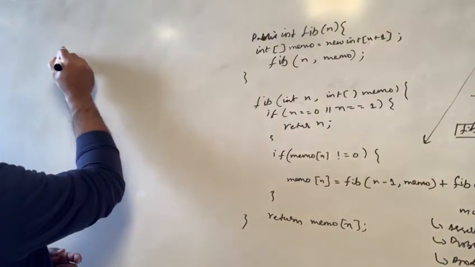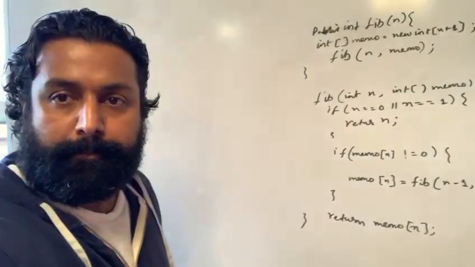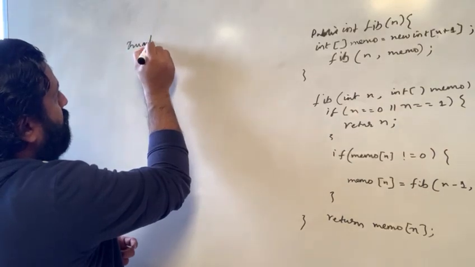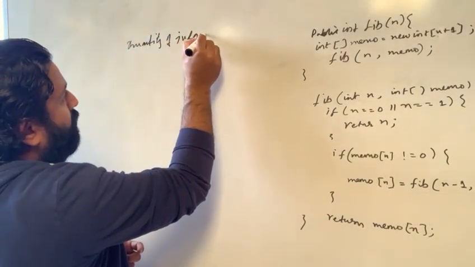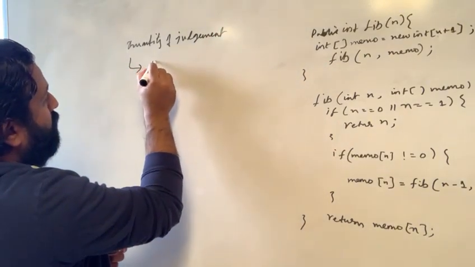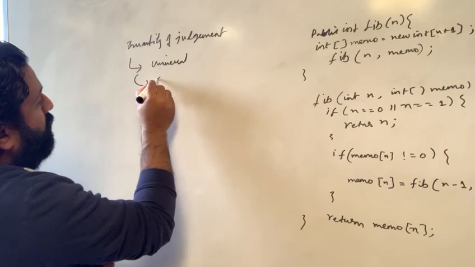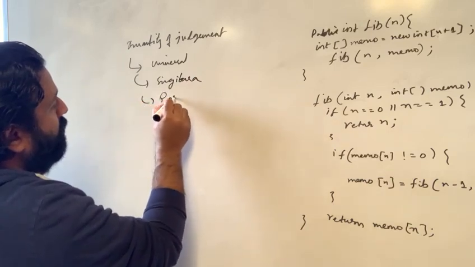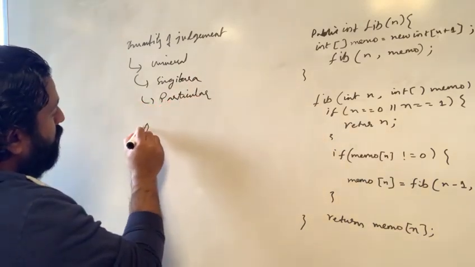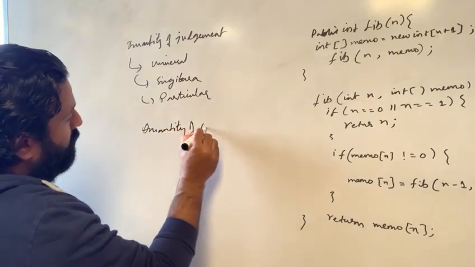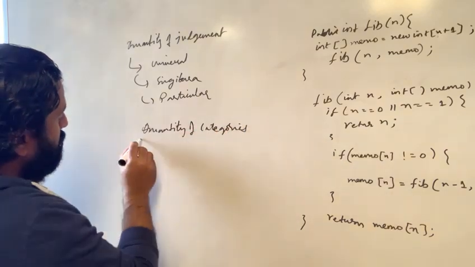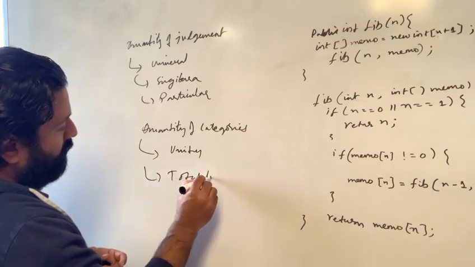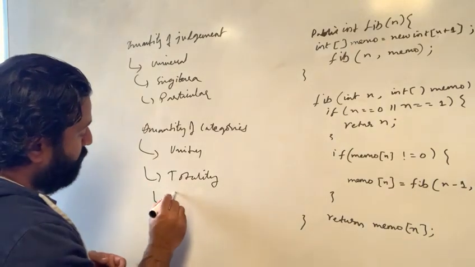So those are quantity of judgment: universal, singular, and particular, and quantity of categories: unity, totality, and plurality.